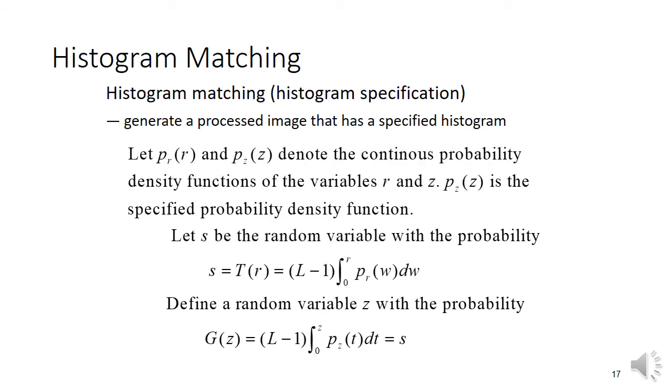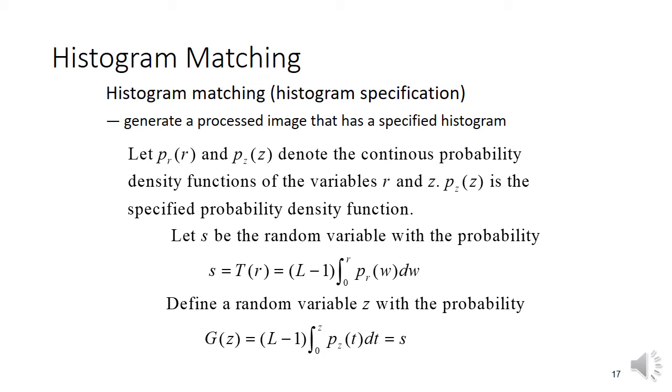For this purpose, let p_r(r) and p_z(z) denote the continuous probability distribution functions for variables r and z, and p_z(z) is the specified probability distribution function.